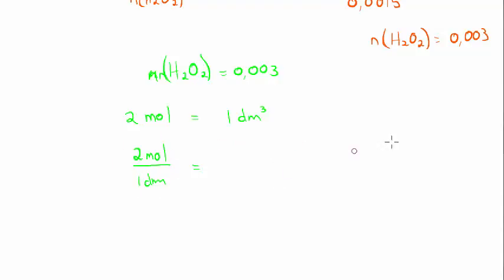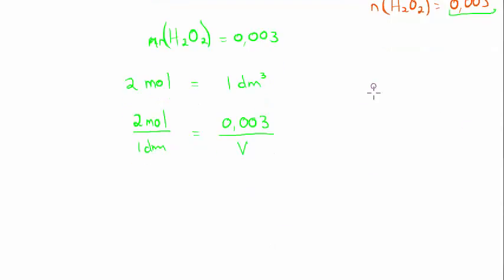What I want to calculate is, I know that my moles is then, so I keep this ratio on this side, I have 0,003 moles, and I want to know what was my volume. Or if you insist on using the formula, concentration is mole over volume.